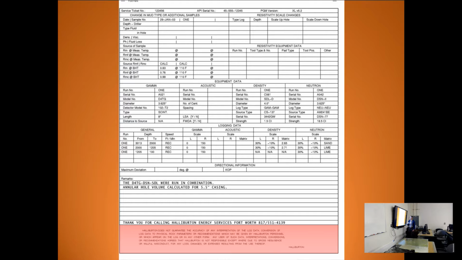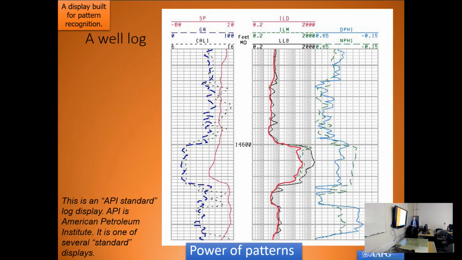Okay. So here, finally, a well log. So well logs are something that's been around. I guess the first well log is like 1920 something. And since that time, even though you've got a huge amount of different companies doing well log analysis, the competition is huge, right? The oil commodity is something that's pretty fierce.